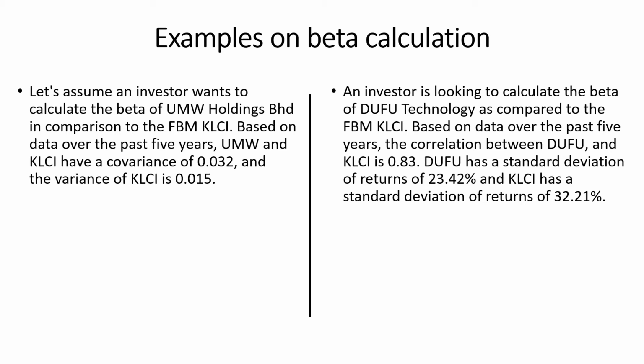So how do you find beta? To find beta, you just need to divide the covariance between UMW and KLCI by the variance of the market, which is the variance of KLCI of 0.015.